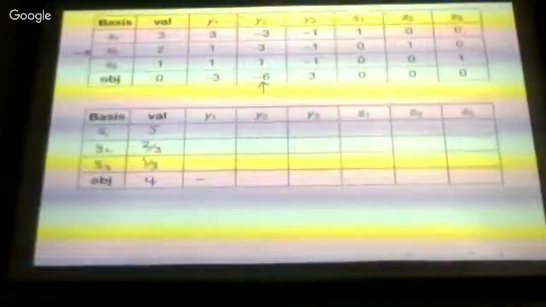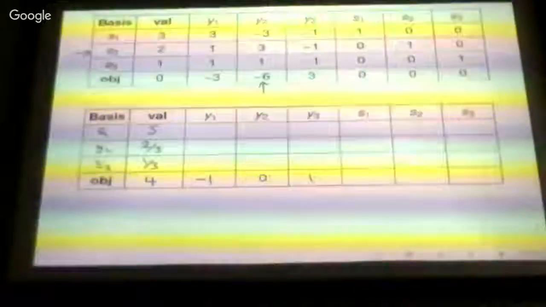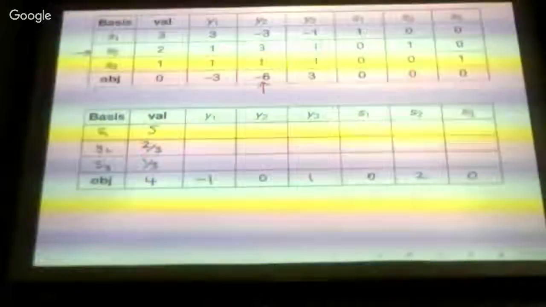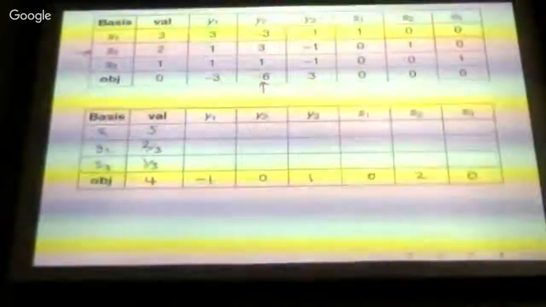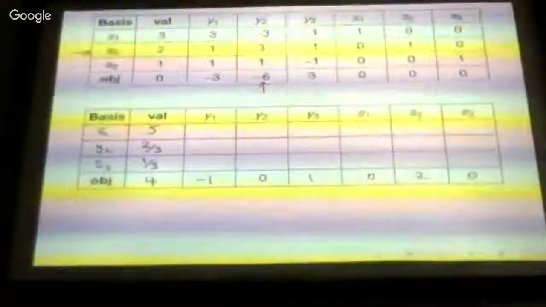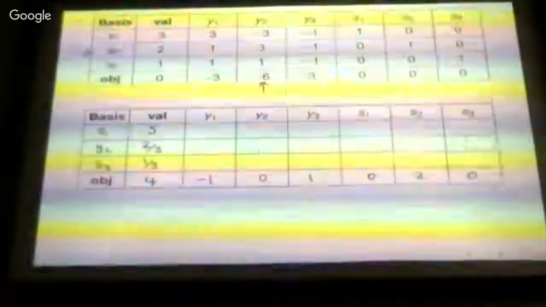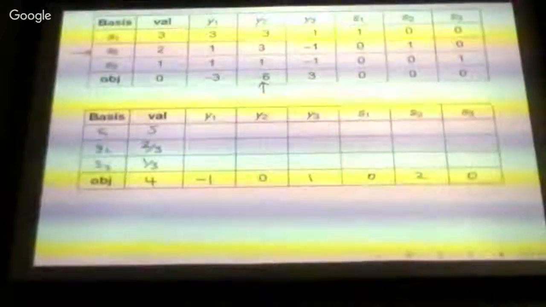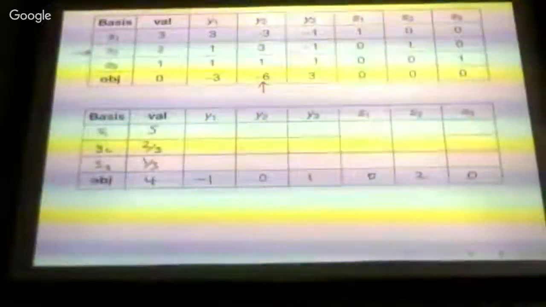And then the rest of the objective, I have -1, 0, 1, 0, 2, 0. You can fill in the rest, but it's not really so important. Okay, that's what I got when I did the pivot on the 3. I'll mark the 3. That's the pivot element.